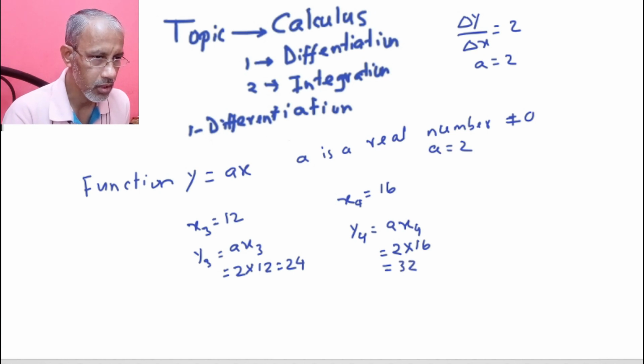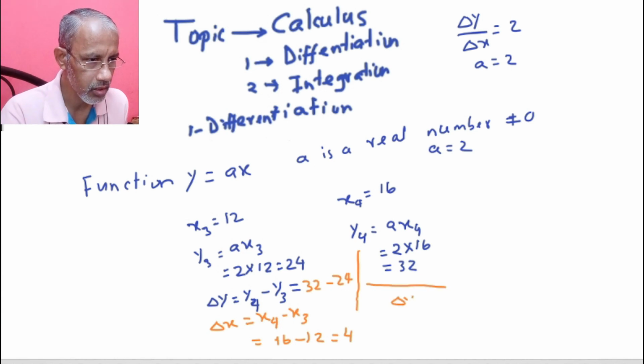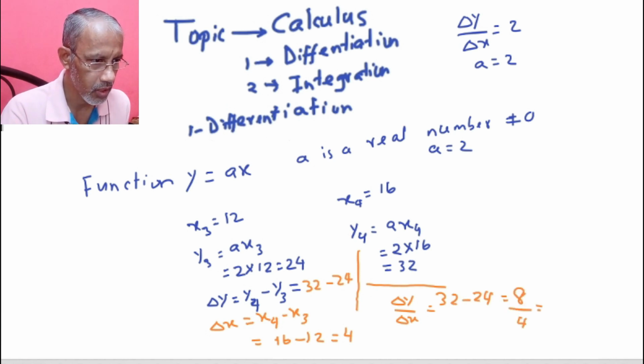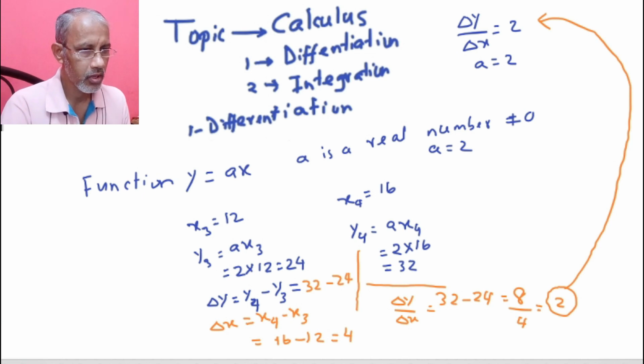So delta y is 32 minus 24, which is 8, and delta x is 4. Delta y by delta x is 8 by 4, which is 2. So again delta y by delta x is 2, as it was found earlier. So for the linear equation, the rate of change of y with respect to x is constant.